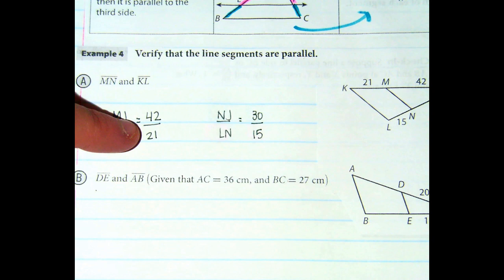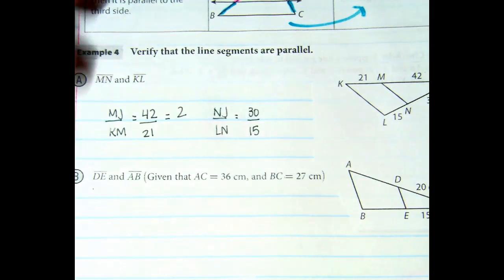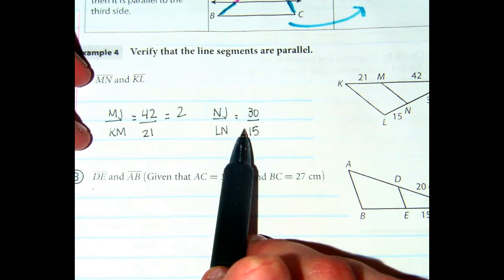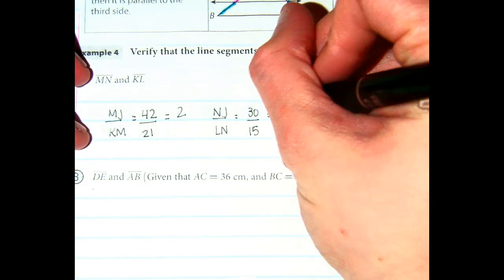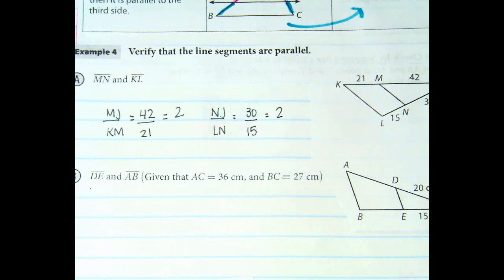What is 42 over 21 reduced to? 2. If you have it the other way around, as long as both of them are the other way around, you were fine, so you would have had 1/2 instead. What is this one reduced to? So they are equal. Proportional. They are proportional to each other.